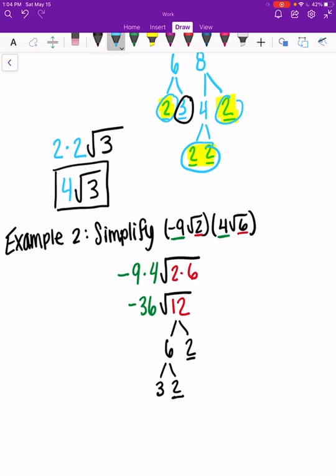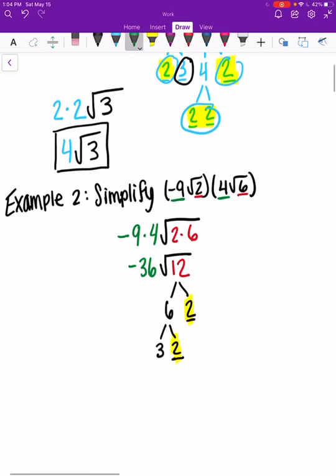Well, we have a pair of 2s. We have a 2 here and a 2 here. So since they're a pair, we can take that out of the square root. So now on the outside of the square root, we have -36 times 2, because I'm pulling that 2 out, and then the square root of whatever is left over, which in this case, 3 is left over.